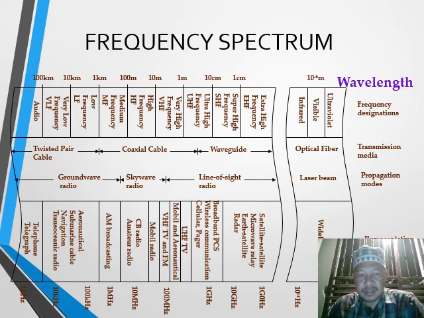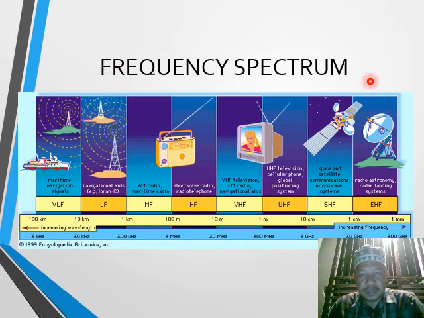Okay, next, frequency spectrum. This is quite the same, but again we have here increasing frequency, increasing wavelength. So the smaller the frequency, the bigger the wavelength.